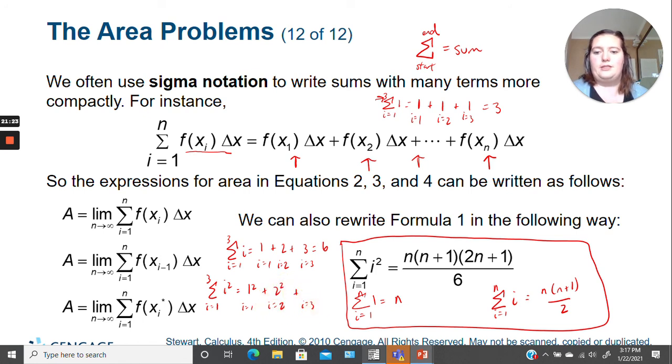Then i equals 3, and I stop at i equals 3 because it told me to stop there. I get 3 squared. So what is that? That's 1 plus 4, which is 5, plus 9, which is 14. Which just so happens to be 3 times 4 times 7 over 6. Which is weird. You wouldn't expect that to happen, but it is. So there are your 3 formulas that we should know for summations.